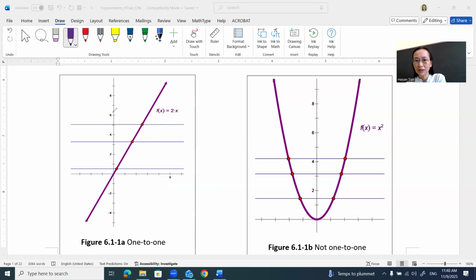And also using the alternative definition, you can check whenever the function values are the same. If you choose a y value, say 5, or any y, which is a constant, that's the horizontal line. Whenever the y value is given, the x value is unique.